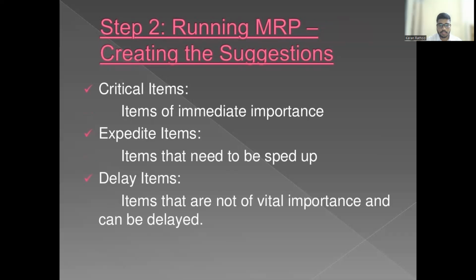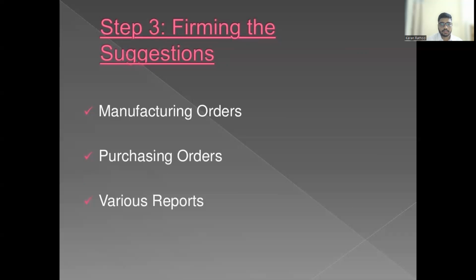Running MRP, step 2: critical items, items of immediate importance; expedient items, items that need to be sped up; and delay items, items that are not of vital importance. Forming the suggestions: manufacturing orders, purchasing orders, and various reports. These are the suggestions for accelerating the production.